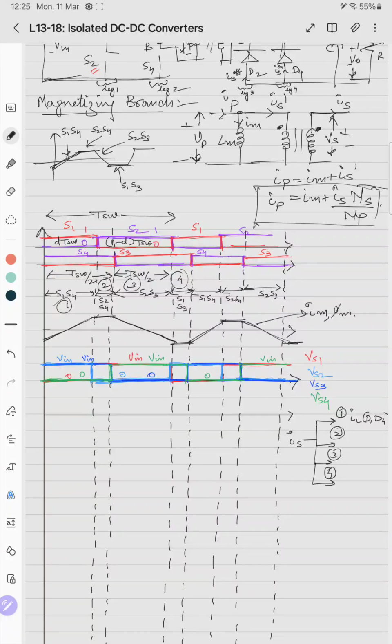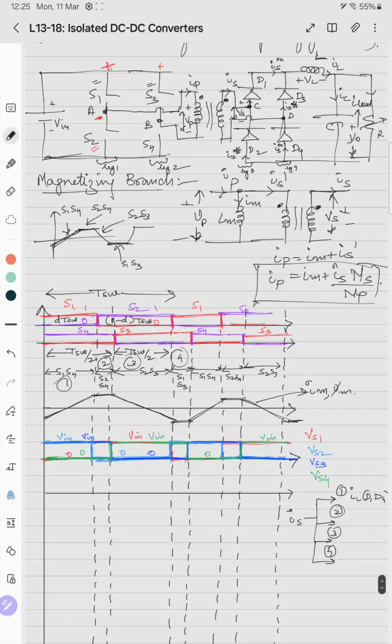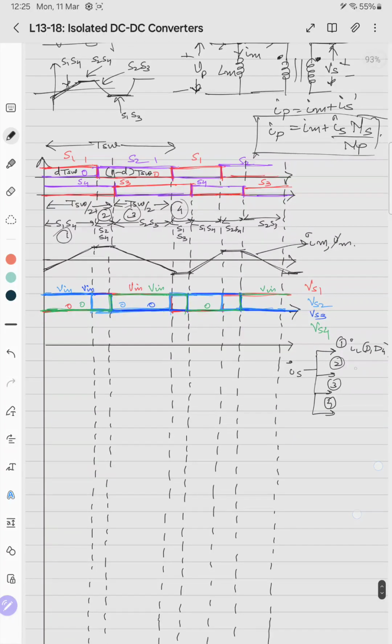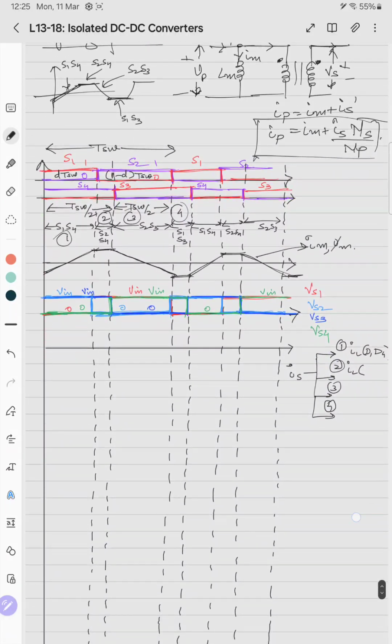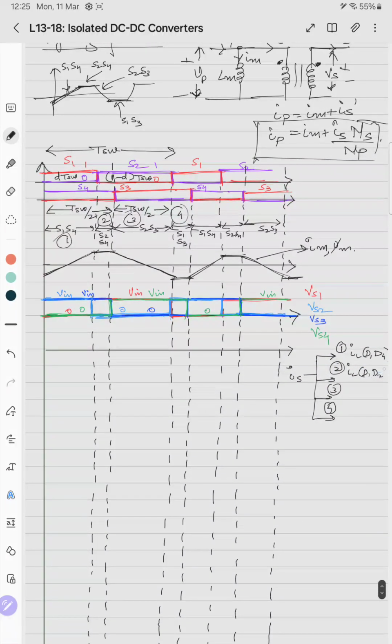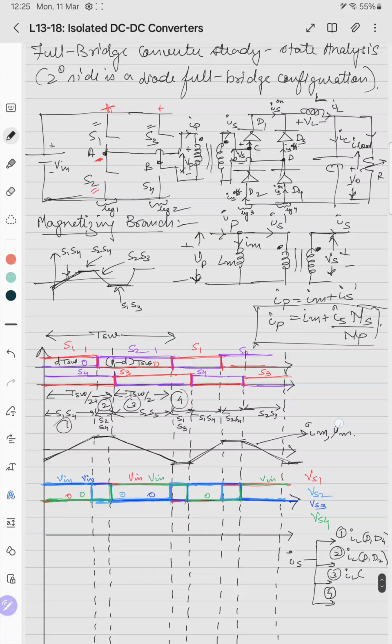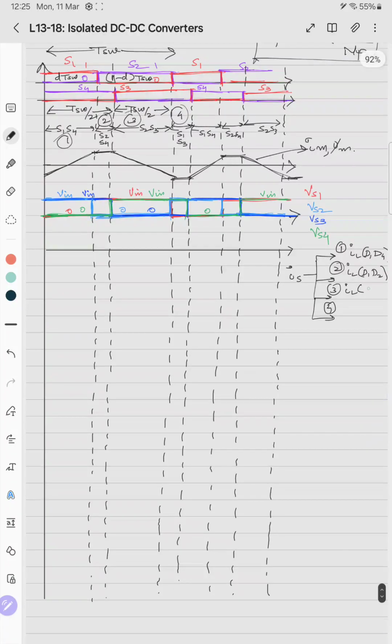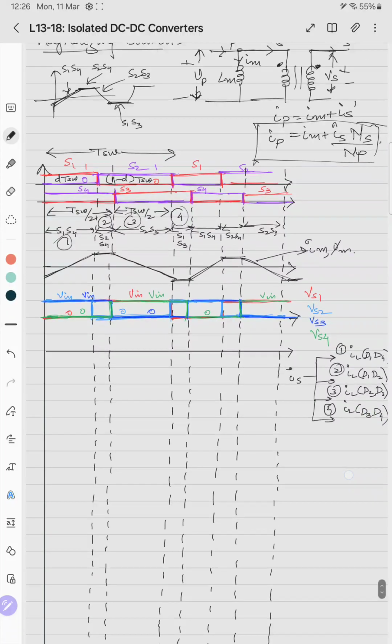In the second case, when the voltage is 0, Is is again equal to IL, but it flows through diodes D1 and D2. For case 3, it is again IL, but it goes through diodes D2 and D3, and for case 4, IL goes through diodes D3 and D4, just like the primary side.